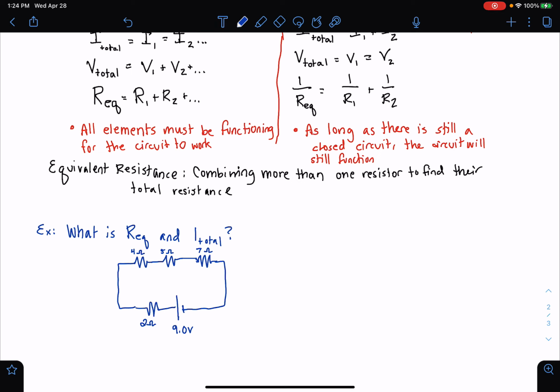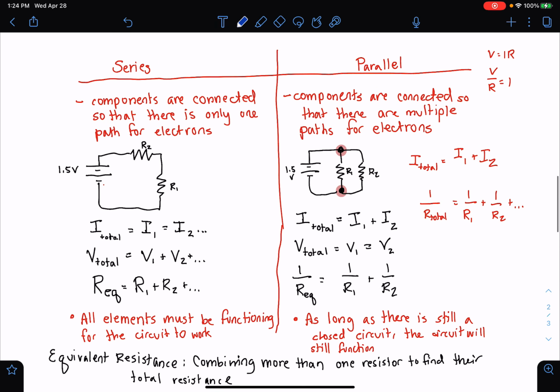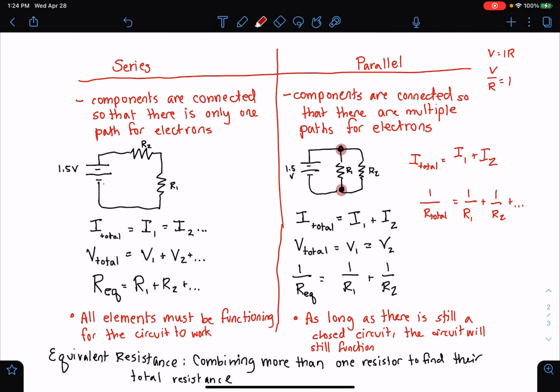Okay, so when you are looking at this circuit, you can see that it is a series circuit because there's only one path for the electrons to follow. So remember, for a series circuit, the equivalent resistance is just found by adding together the resistances.